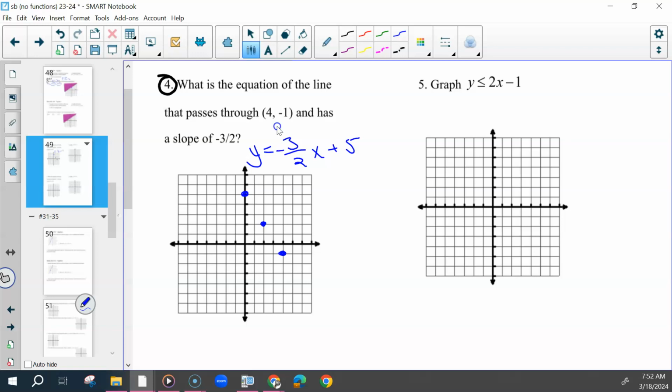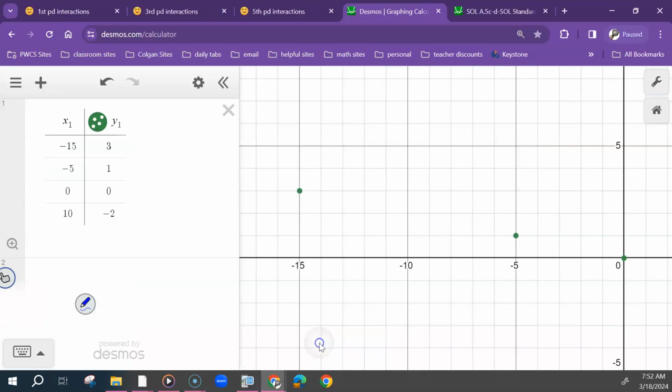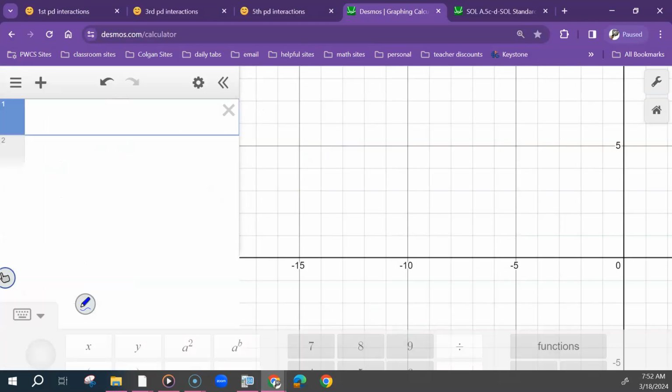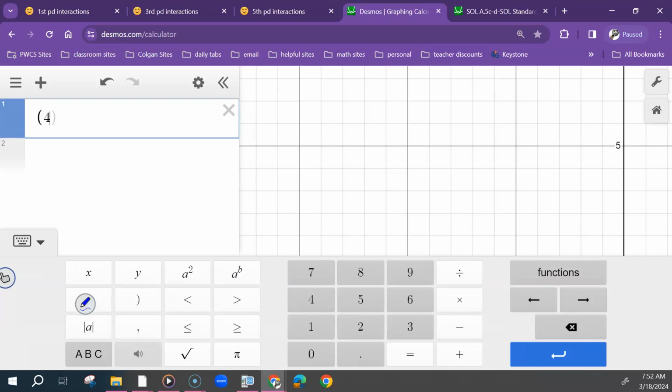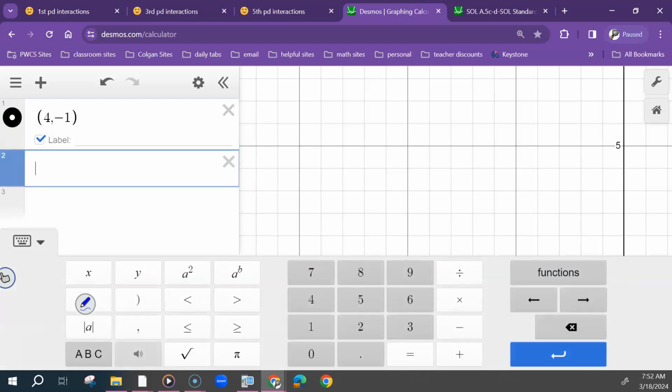You could also use your point slope formula, do it algebraically, and find that out. If you were doing this in Desmos, you would need to put in the ordered pair. Type in your y equals mx plus b.